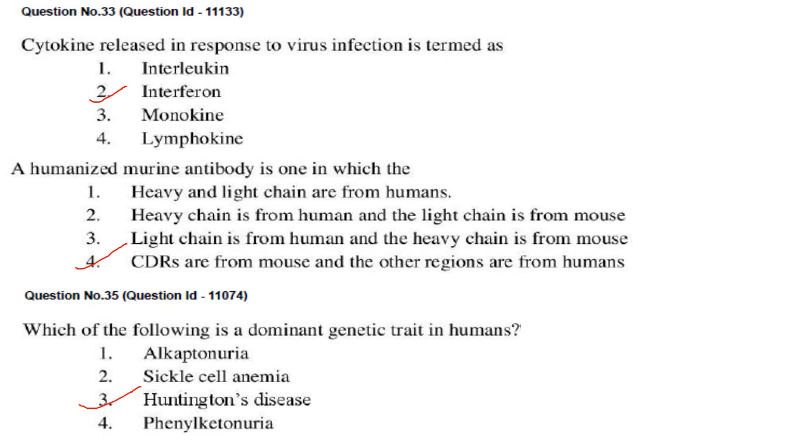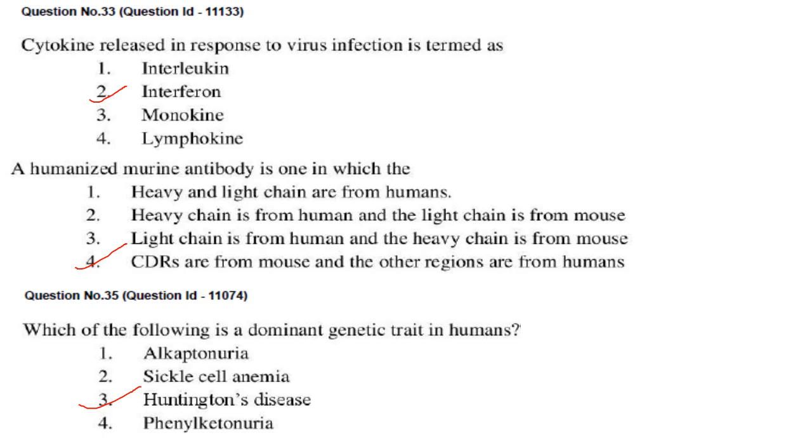So that is called a humanized antibody. So here the complementarity determining regions are from the mouse and other regions from the human. What they mean by other regions is the constant regions of the human antibody. So the answer here is option 4.